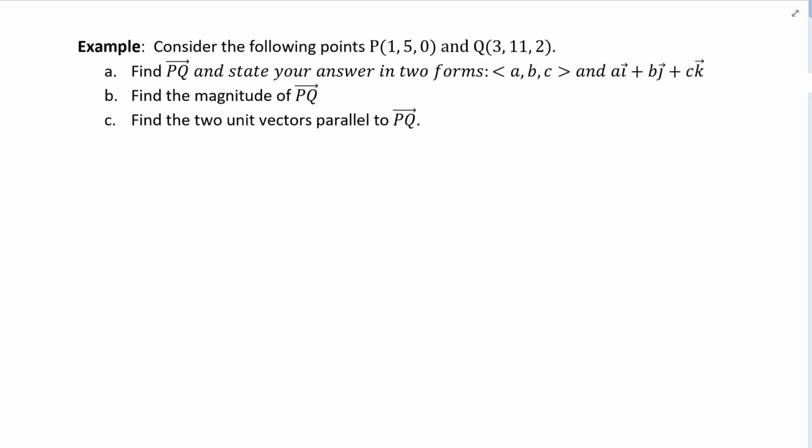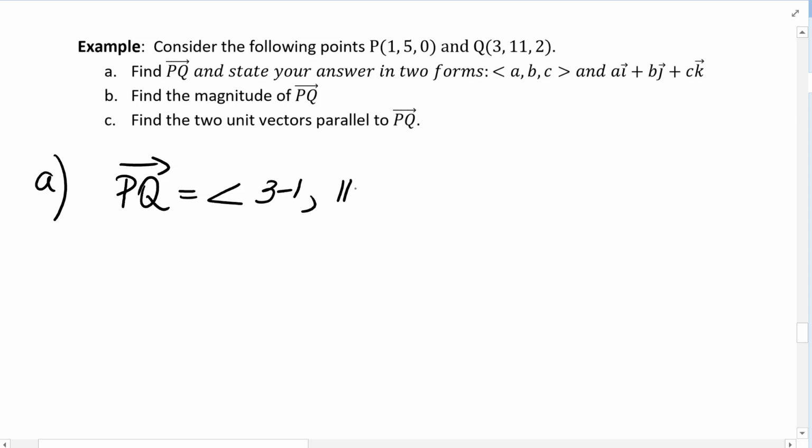Consider the following points, P of coordinates 1, 5, 0, and Q 3, 11, 2. Find PQ and write your answer as a, b, c and as ai plus bj plus ck, so using the unit vectors. So vector PQ is equal to 3 minus 1, 11 minus 5, 2 minus 0.